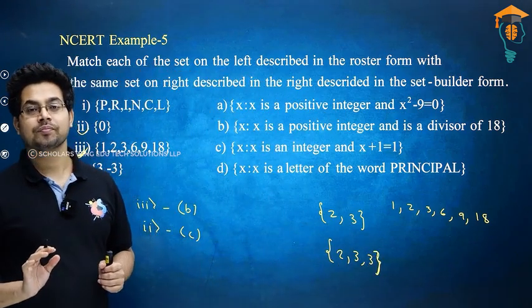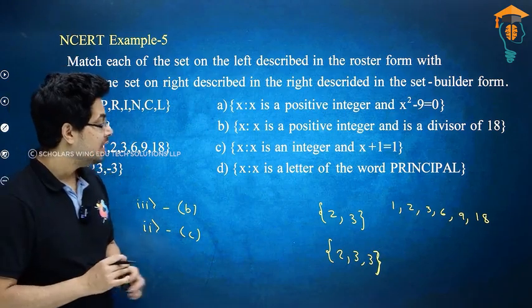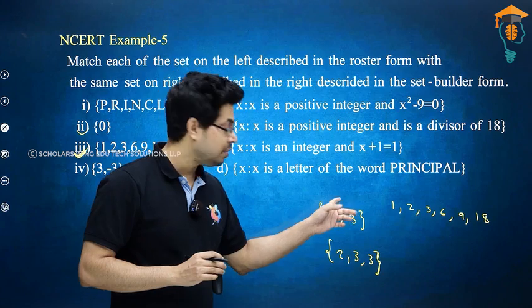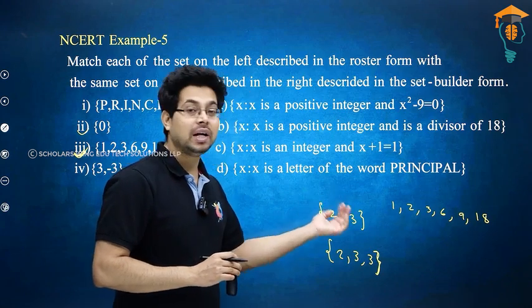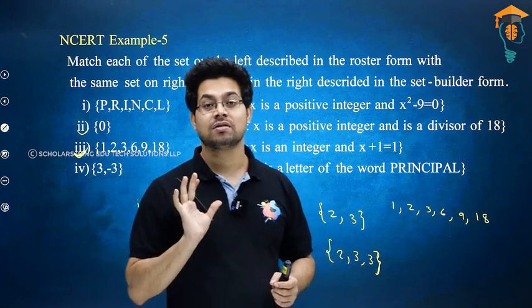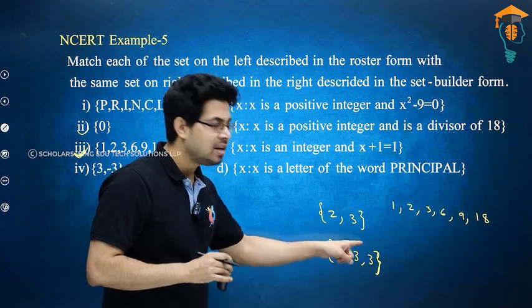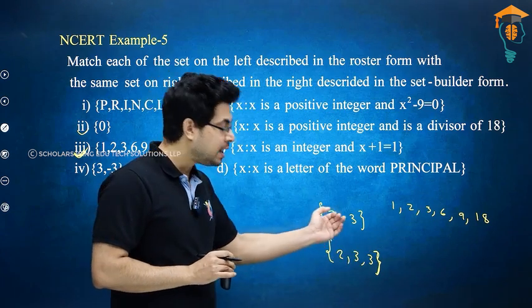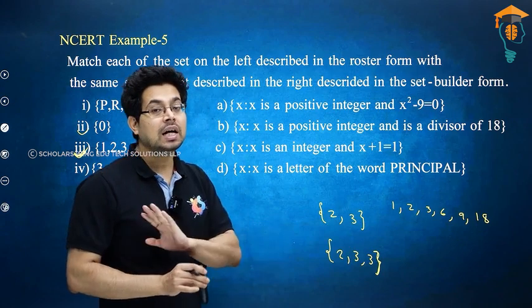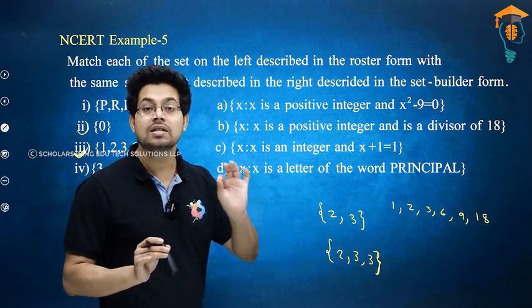Are they same or are they different? They are exactly same. Even if I am repeating the already existing elements, it is not going to make any difference. The set remains same. That is why, what are the elements we have in this set? 2 and 3. No matter how many times you're repeating 3, that doesn't make any difference. That's why both these sets are exactly same.